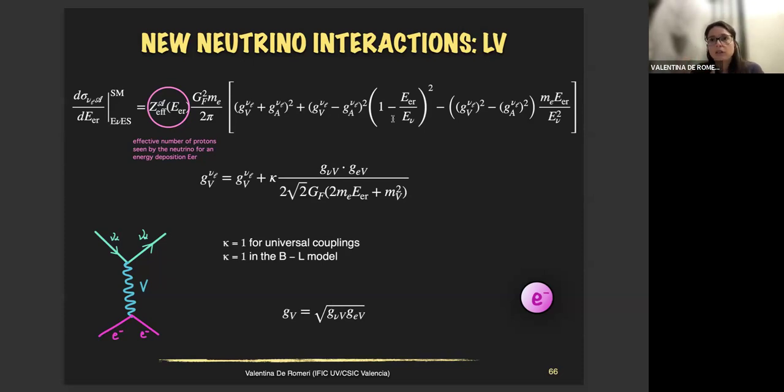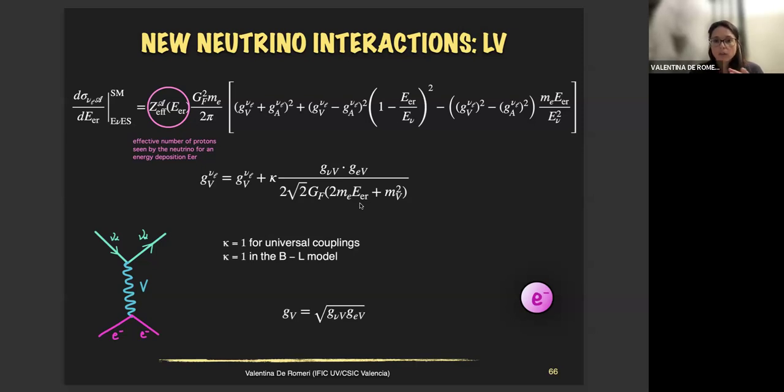But if we consider some BSM scenarios, like the case of a light vector mediator, this cross section can get an enhancement, which in general depends on the inverse of the square of the electron recoil energy. So eventually this cross section can be large and almost comparable to the CEvNS one.